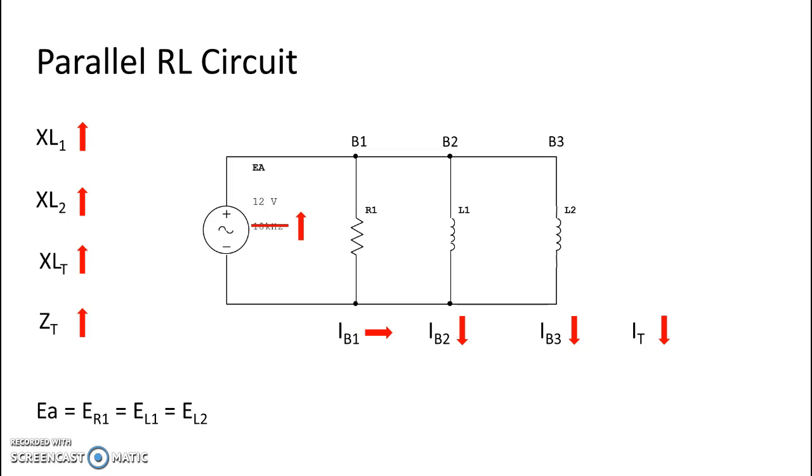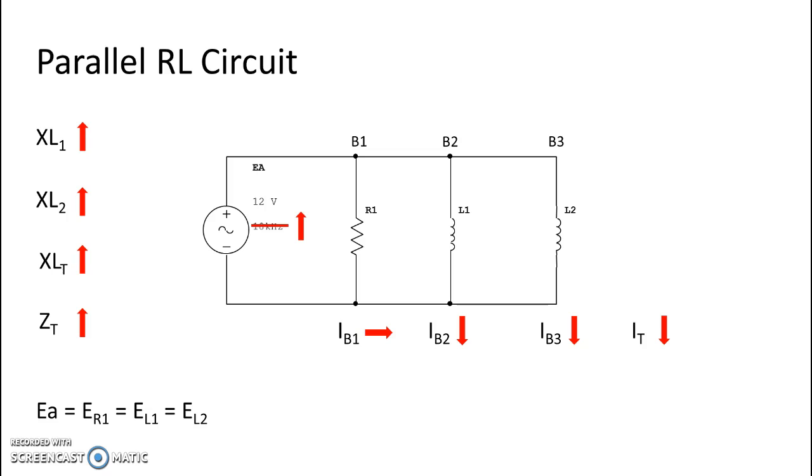And so if your total current is going down, of course your total ohmic value must be going up. So that's another way to think about it if you're having a tough time visualizing it through the total ohmic value route. Alright, and there is arrow logic.